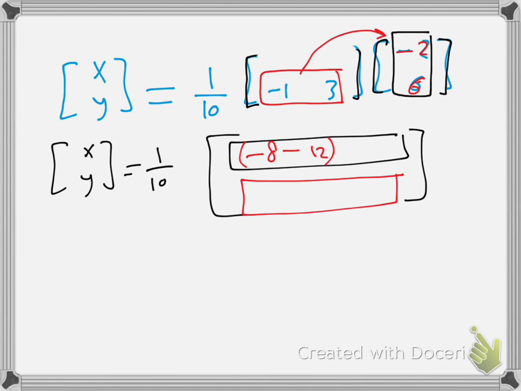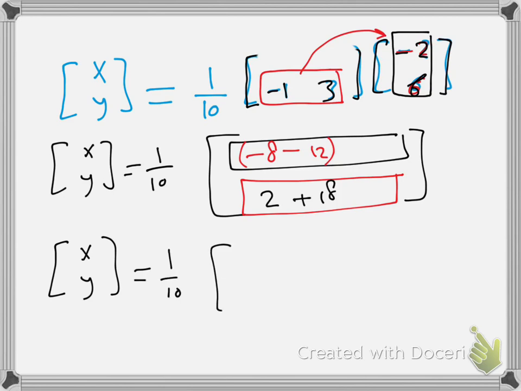Let's start. -1 multiplied by -2, which will become +2. And 3 multiplied by 6, which will become 18. Now try to simplify your answer. Then xy equals to 1 by 10. And here I have -8 and -12, which is -20.